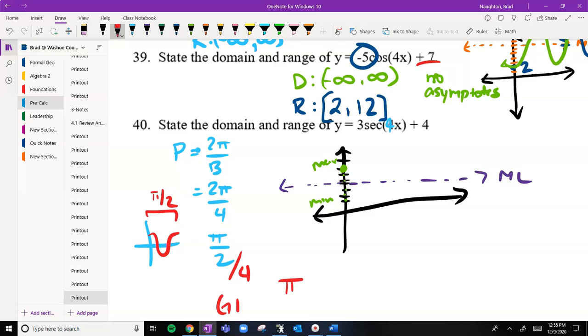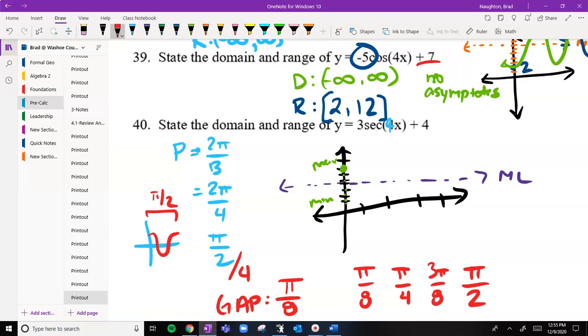So my gap is going to be pi over 8. So we'll put in my little tick marks here. This is at pi over 8. This one will be at pi over 4. This is going to be 3 pi over 8. And then this will be pi over 2.